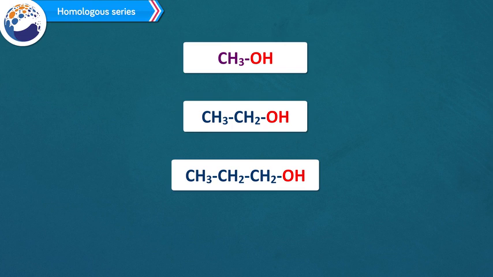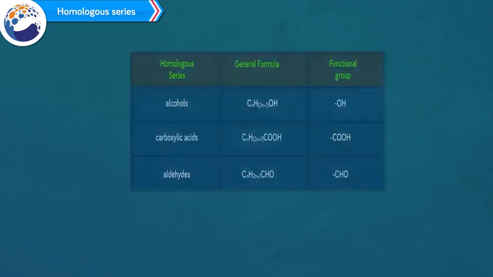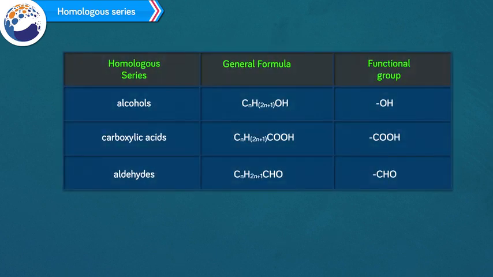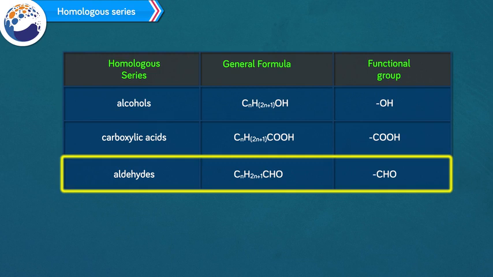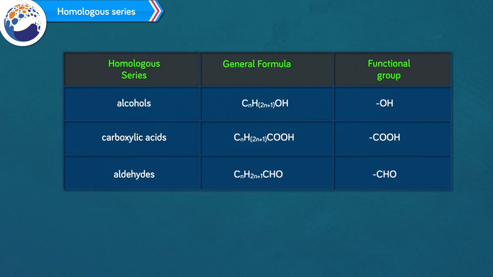The series of compounds formed by joining the same functional group in the place of a particular hydrogen atom on chains having sequentially increasing length is called a homologous series. For example, homologous series of alcohols, homologous series of carboxylic acids, homologous series of aldehydes, etc.